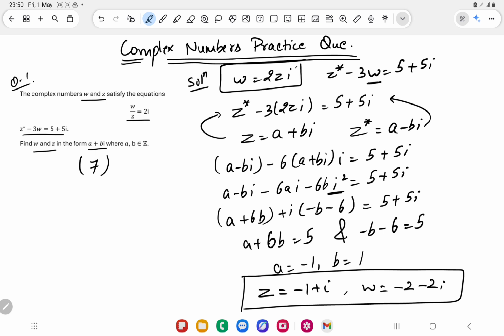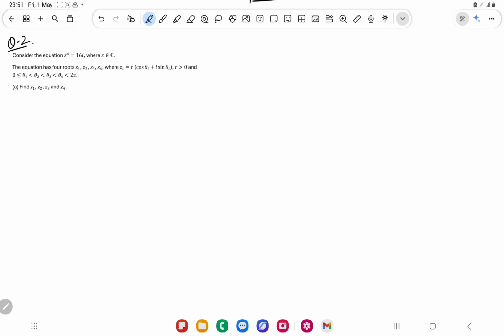Now let's move to the next question. In this question we have z to the power 4 as 16i, and the equation has 4 roots, where zi is given, and we have to find these 4 roots. So we are basically finding the nth roots, the first 4 roots.